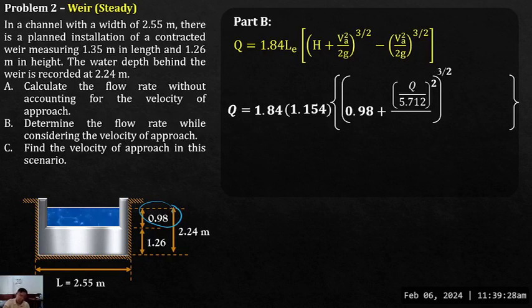Ano to? Kung ano yung area ng channel, yung cross-sectional area, that would be 2.55 times 2.24. Okay, double check if that is correct.